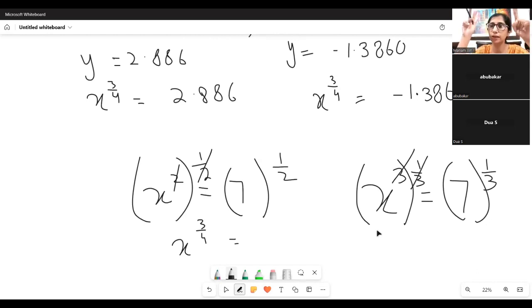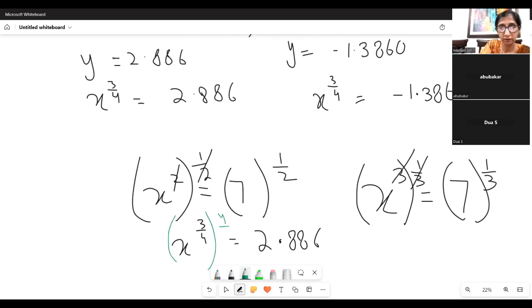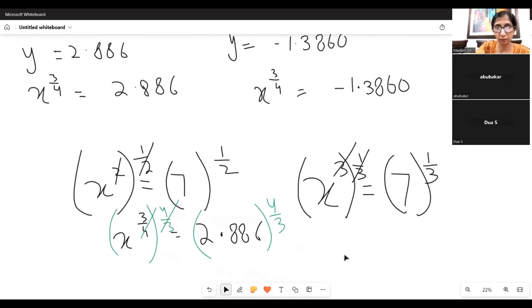Yes, क्यूब रूट लेके पावर 4 कर लेंगे. तो कहने का मतलब ये है कि what are you actually doing? You're taking reciprocal power on both sides. सो 3/4 का रेसिप्रोकल क्या होता है? 4/3. हाँ, तो आपने 4/3 पावर बोथ साइड्स पे ले ली. यहाँ पे भी 4/3 और यहाँ पे भी 4/3. सो ये राइट वाली तो कट गई and your answer will be 4/3 power of 2.886 and same for the other end.